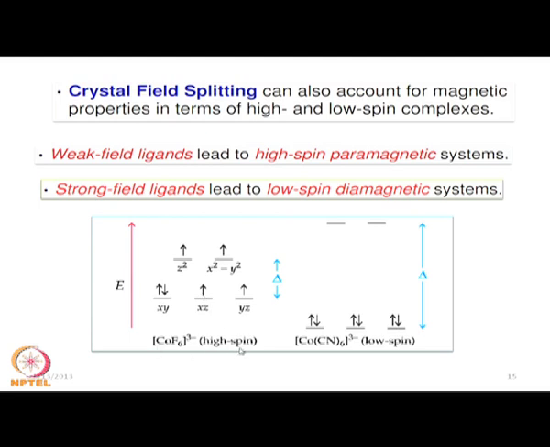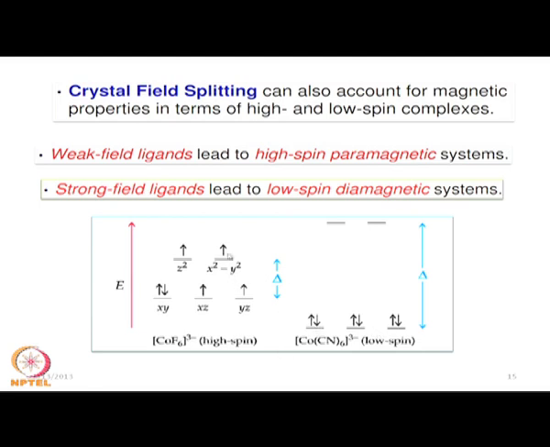In one case we have the high spin situation, the only known example of cobalt 3 where the stabilization is much more if we get the paired up situation, in hexacyano cobaltate 3 ion, which is low spin, where all the 6 electrons will be in the T2G set.